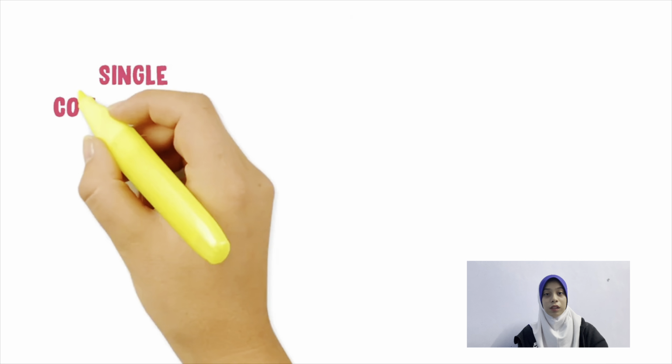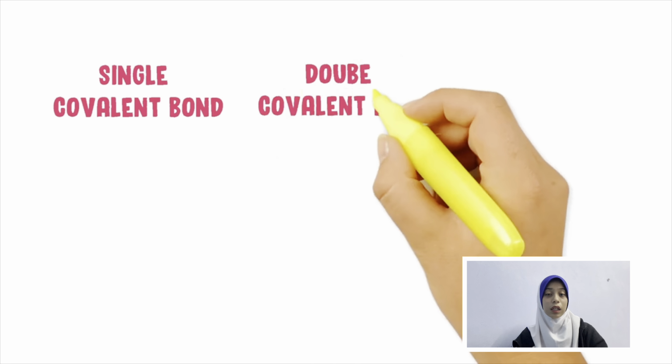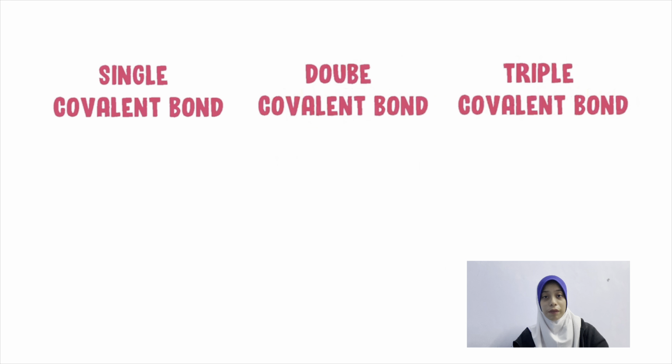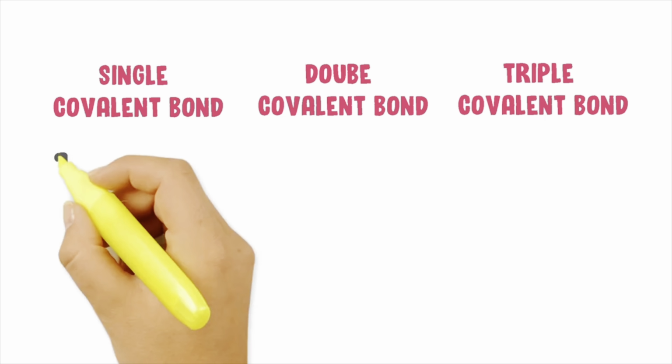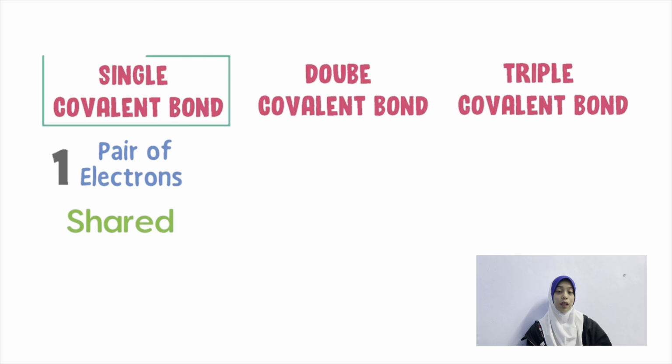For your information, covalent bond has 3 types, which are single covalent bond, double covalent bond, and triple covalent bond. If one pair of electrons is shared between atoms, they form a single covalent bond, like chlorine gas.